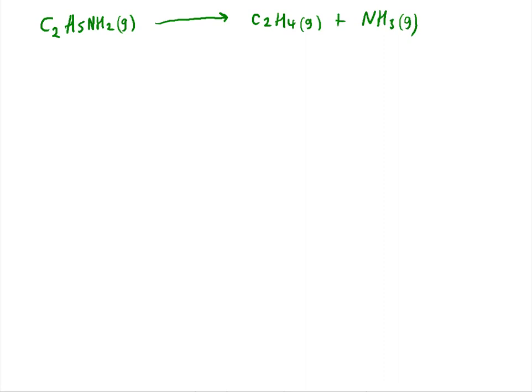Now, what we want to do is to work out which bonds are broken and which bonds are made during this chemical reaction. So the first thing to do is to draw a display structure for the reactant, where we put in all of the bonds associated with all of the atoms, and also for the products.